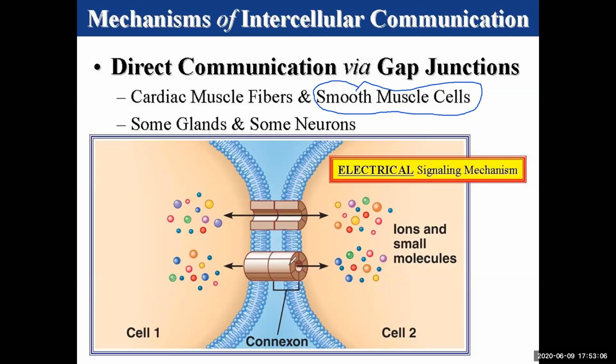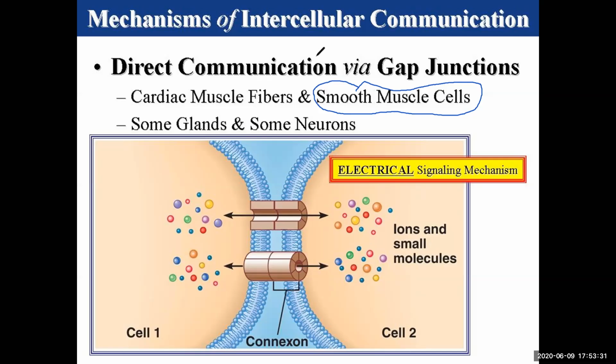So those are a few examples along the digestive tract. Then we're going to come back to the digestive system and talk about that. But those smooth muscle cells within the gastrointestinal tract, GI tract, rely on these gap junctions, allowing communication between neighboring smooth muscle cells.